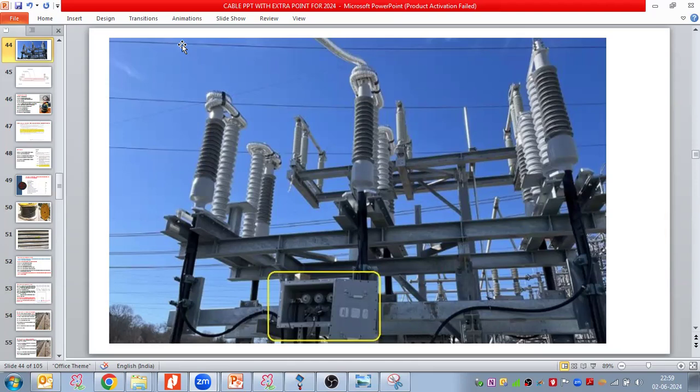Is there any test or something like that we do? Whether we can take the data from the cable technical data sheet, or we have to do some test for measuring, to decide where we have to install the SVL. Because the number of SVLs also depends on the route length.